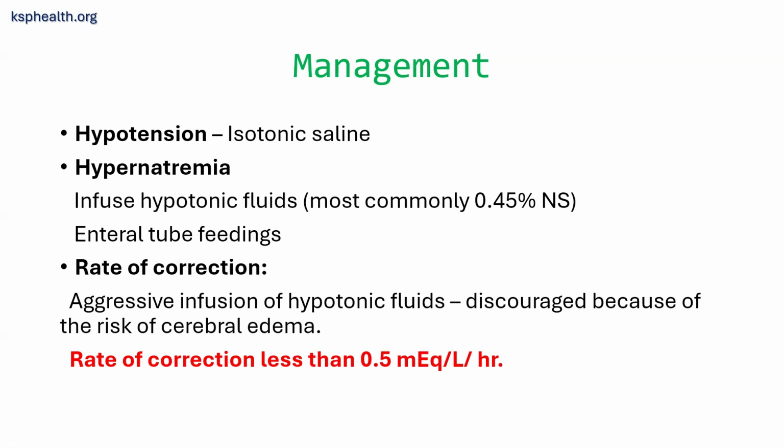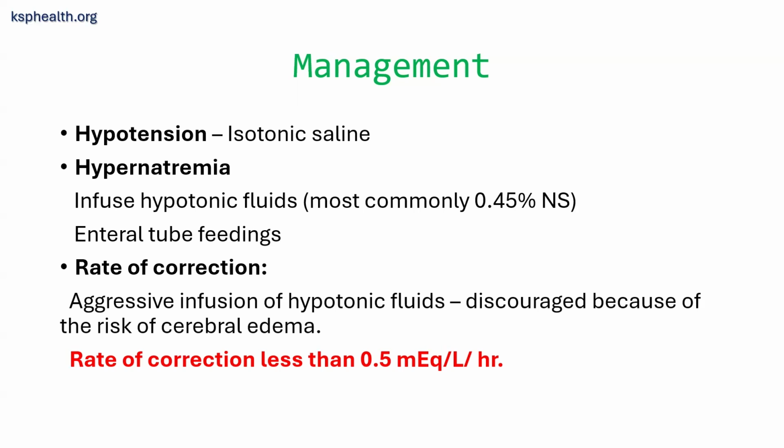Infuse hypotonic fluids. The most common fluid we use is half normal saline. There are books that advocate D5W in these patients. It's kind of hard because the rate of correction may be more than 0.5 milliequivalent per liter per hour.